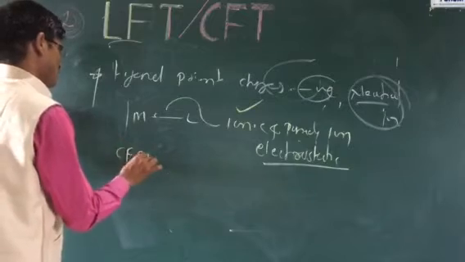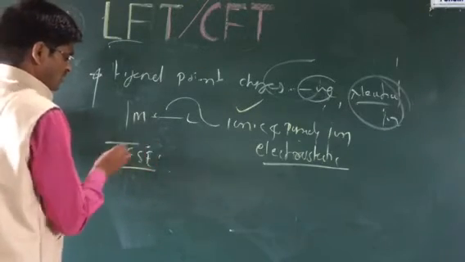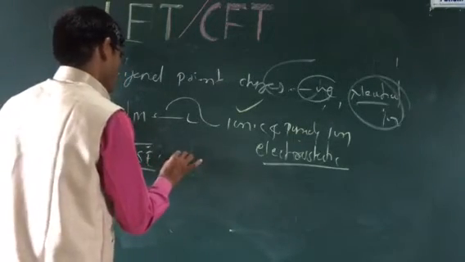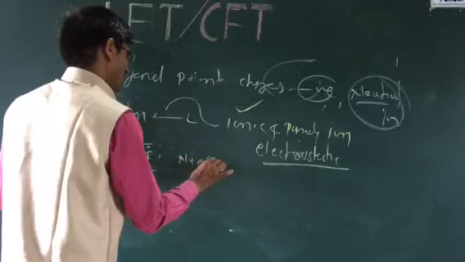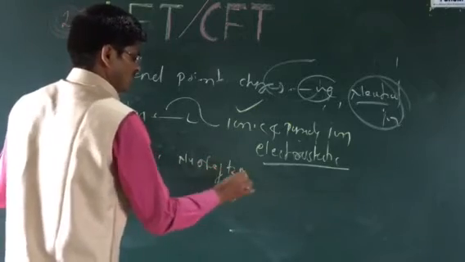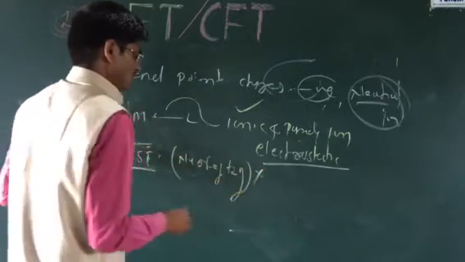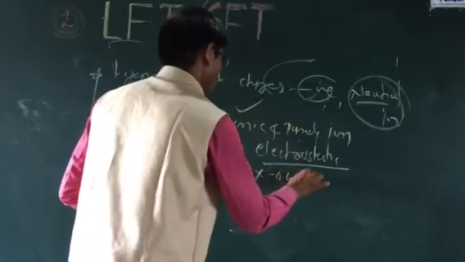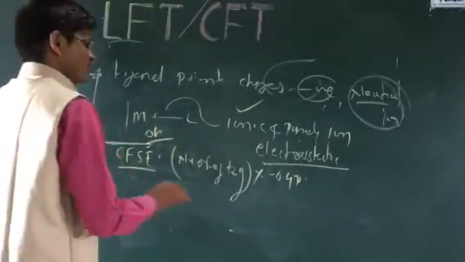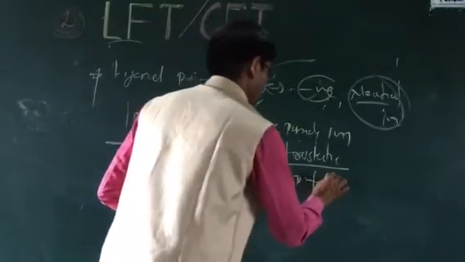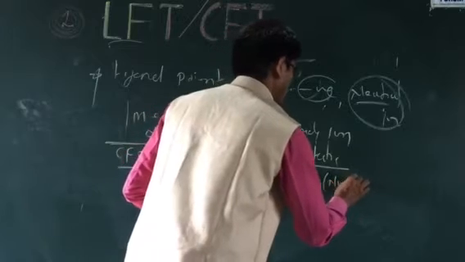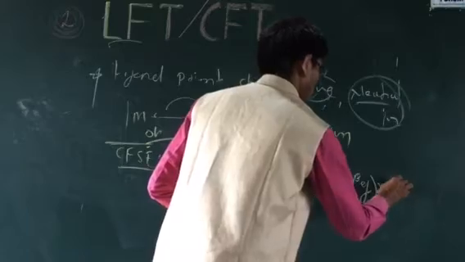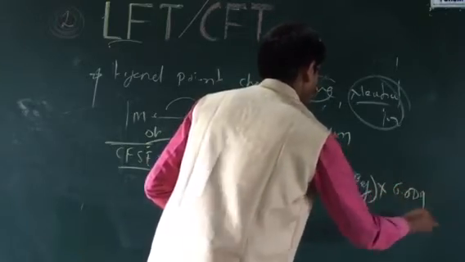What is CFSE? It is the crystal field stabilization energy. It depends on the total number of electrons: the number of electrons in t2g times 0.4 Δo, with minus 0.4 Dq for the tetrahedral, plus the number of electrons in eg times 0.6 Δo.